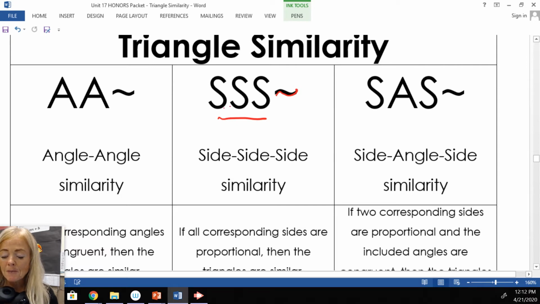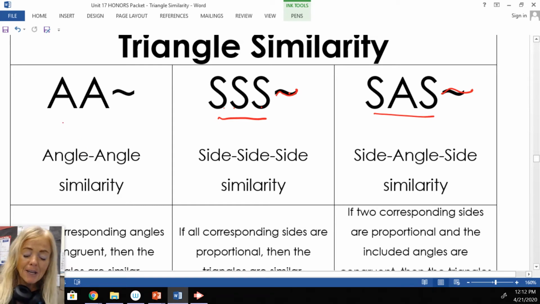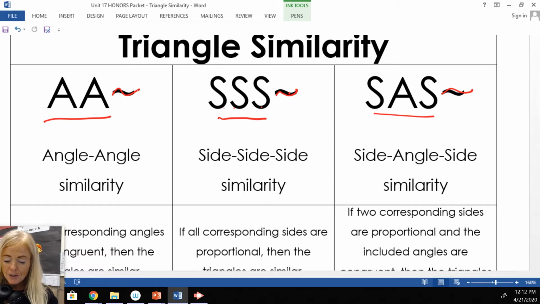So we say side, side, side similarity and side angle, side similarity. And then those are much like the congruent triangles, aren't they? Those little shortcut methods for proving triangles are congruent are very much like that, but a little bit different. And we have a brand new one, and that is angle-angle similarity. So those are the three shortcut methods that we're going to use to prove triangles are similar.